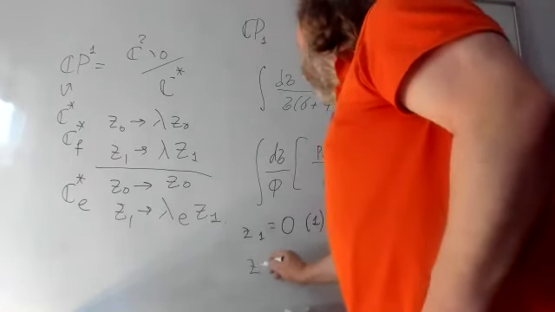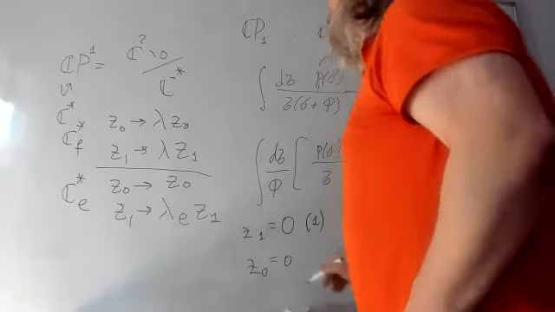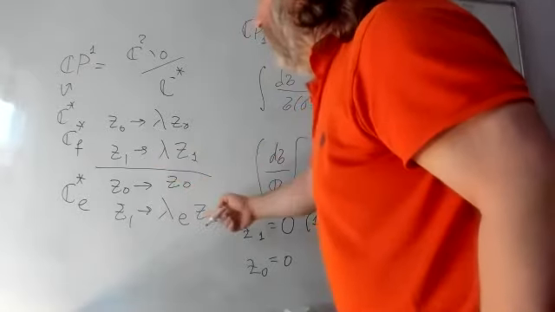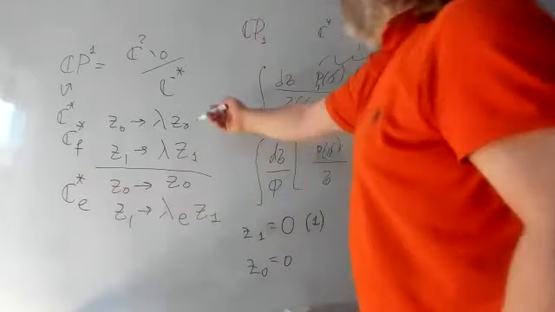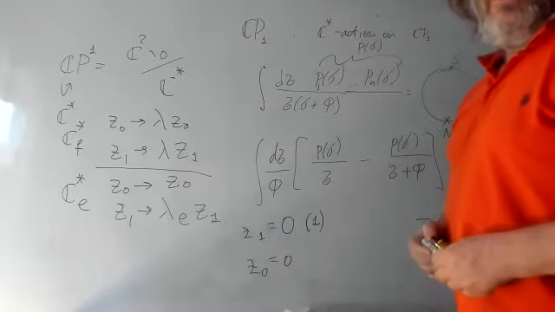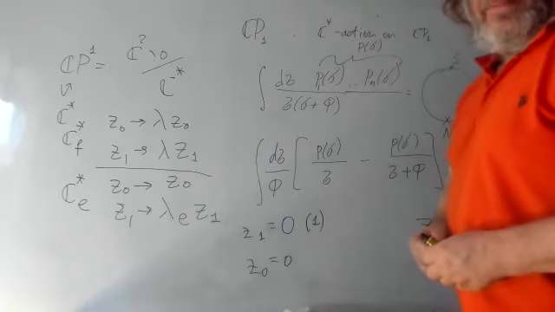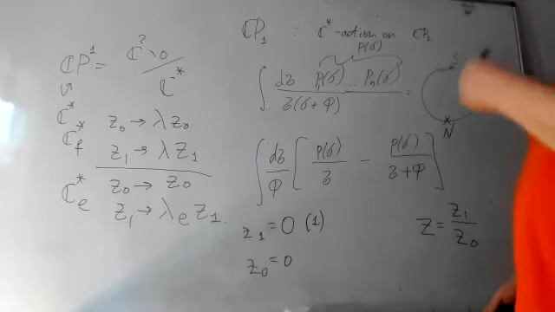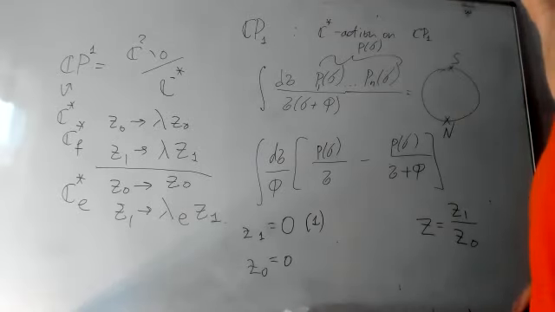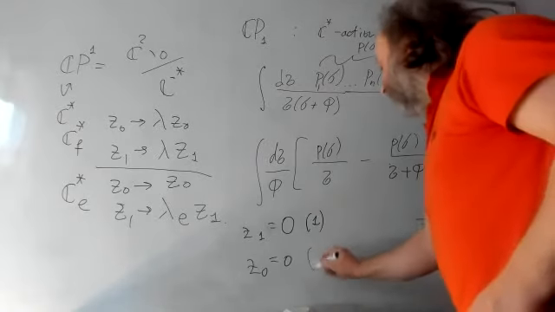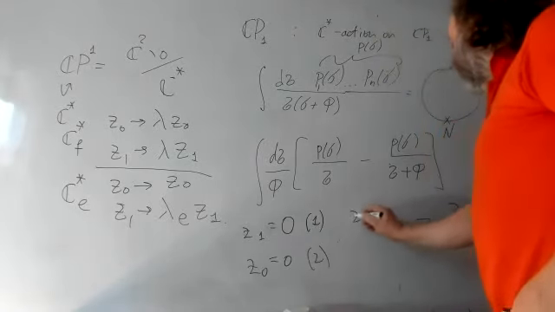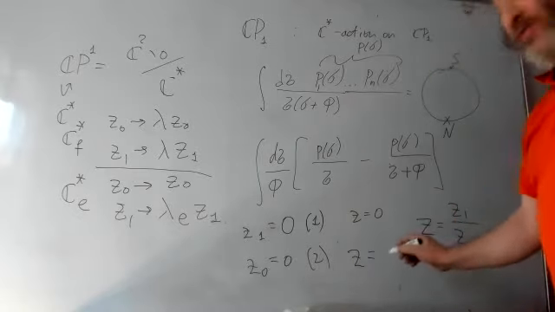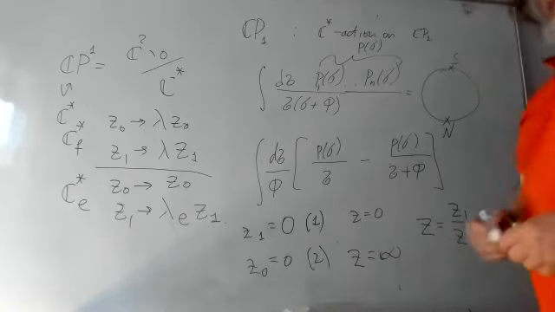And the second is Z0 equals 0. Clearly, if Z0 equals 0, then the equivariant action coincides with the factorization action. So this we call Z equals 0. And you know how we call this? This we call Z equals infinity.